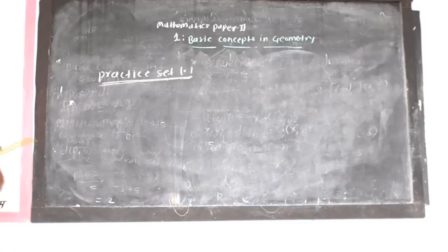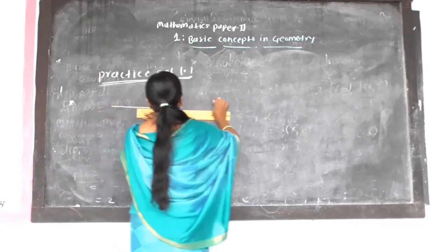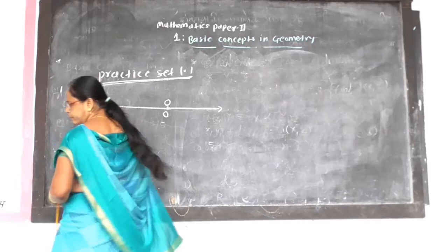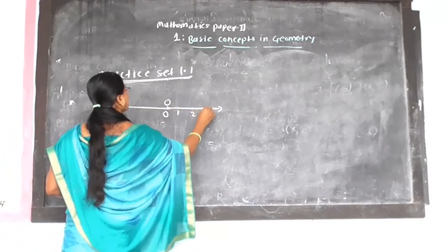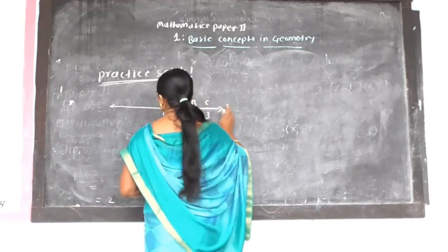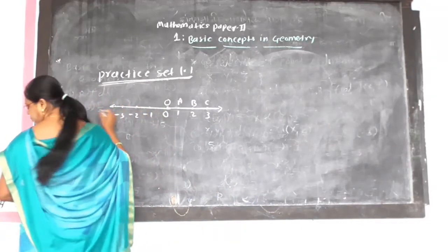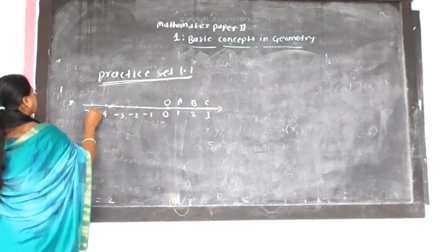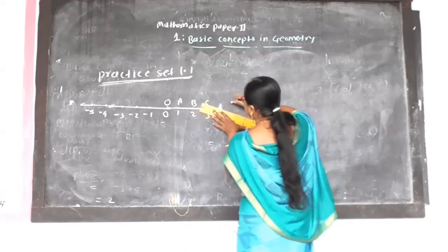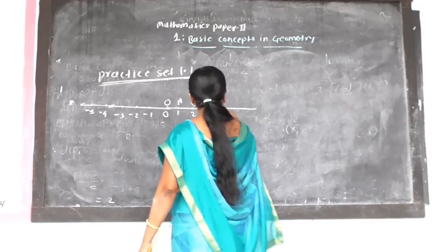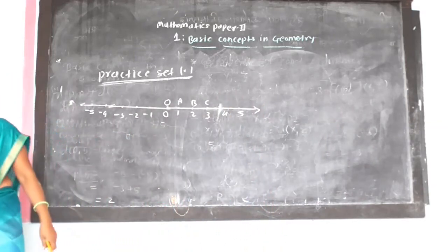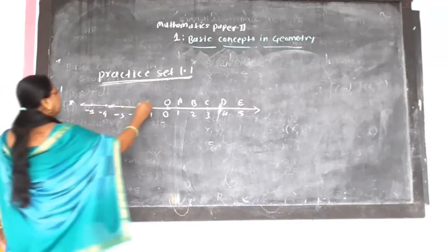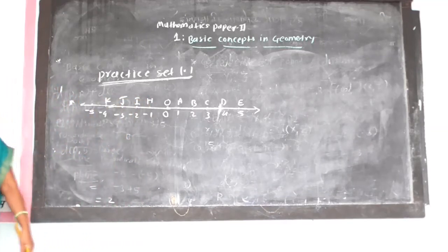We draw the number line with points A, B, C, D, E, H, I, J, K, Q.